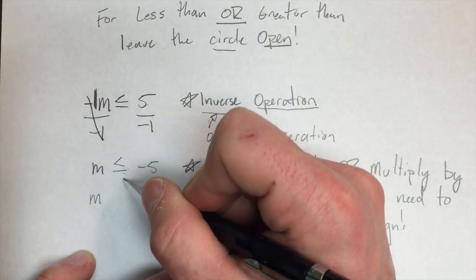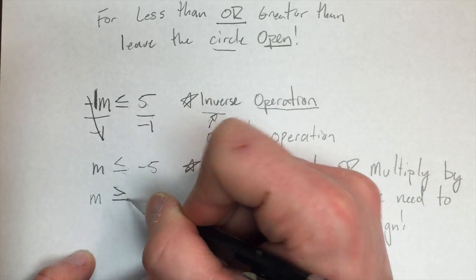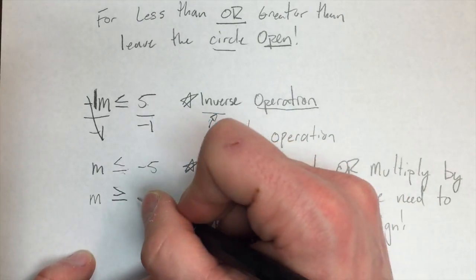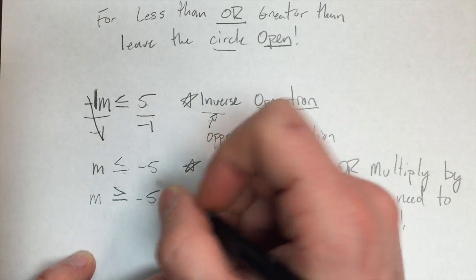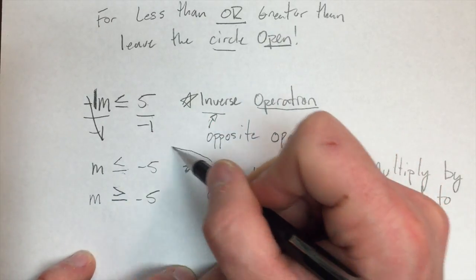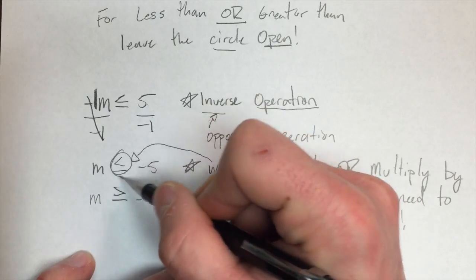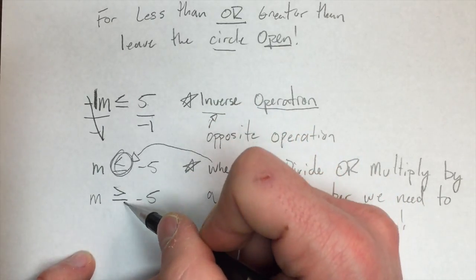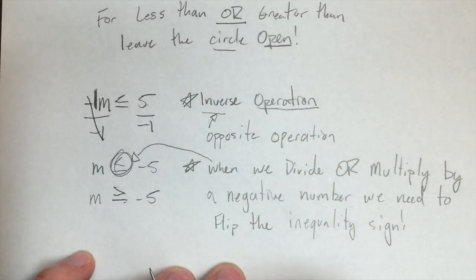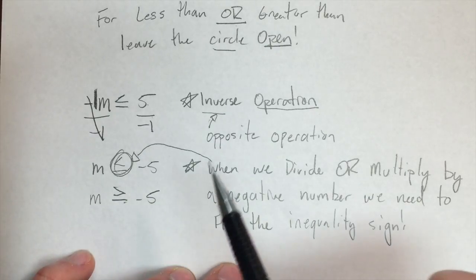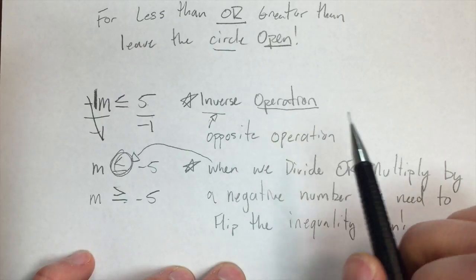M is greater than or equal to negative 5 is correct. We're going to flip this, and it's going to turn into a greater than sign. If that doesn't make sense, rewind and watch it again, but we will do another example.